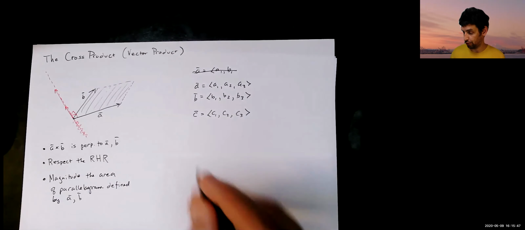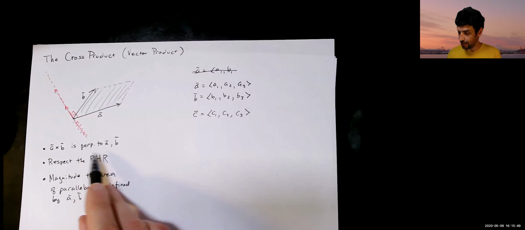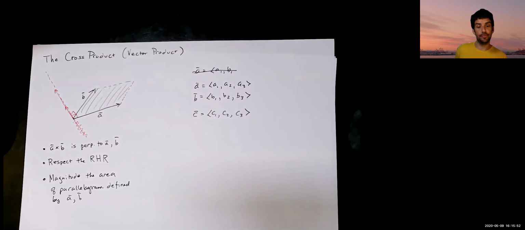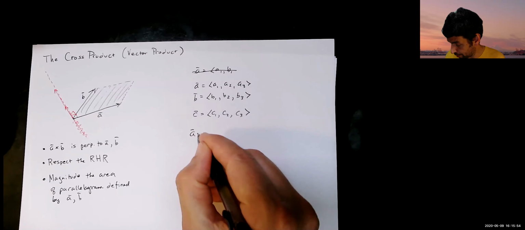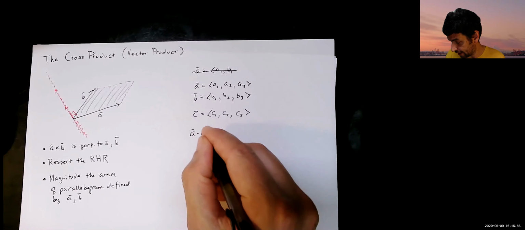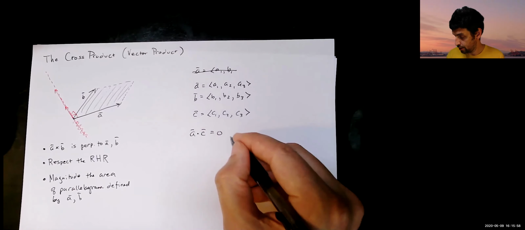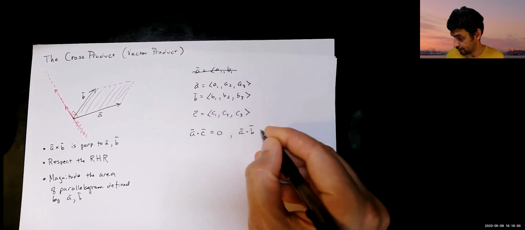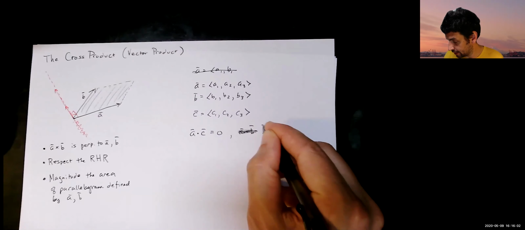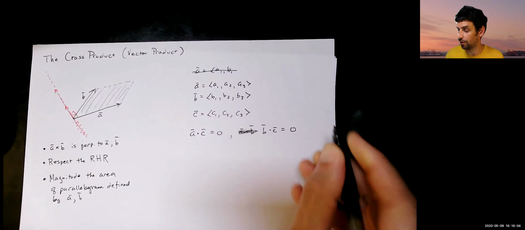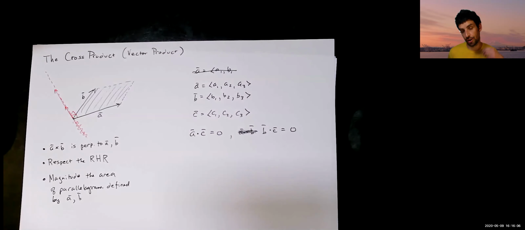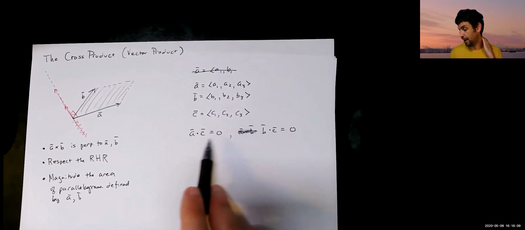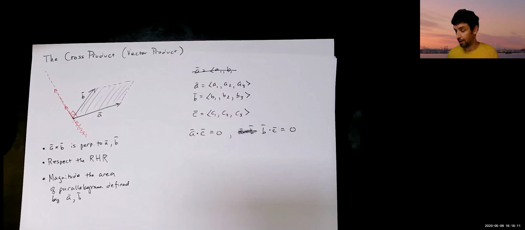Let's start with this first one. C being perpendicular to A and B means, if you remember from the dot product, A dot C has to be 0 and B dot C has to be 0, right? That's just saying it's perpendicular to both of them, okay?